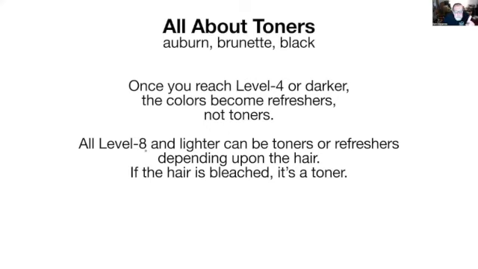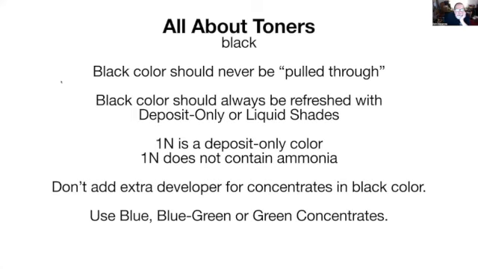Remember, level 8 and lighter can be toners or refreshers depending upon the hair. If the hair is bleached, it's a toner. If the hair is not bleached, then it's a color refresher. Simple as that. Change this to a 6 over here instead of 4.